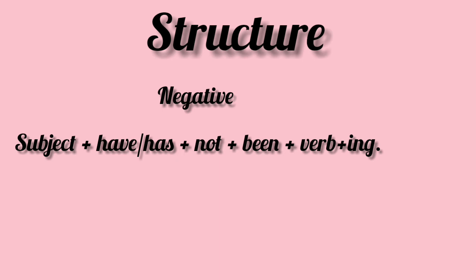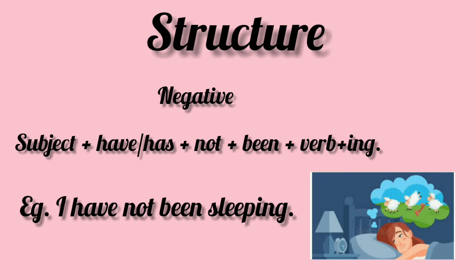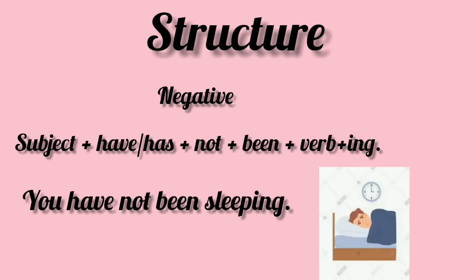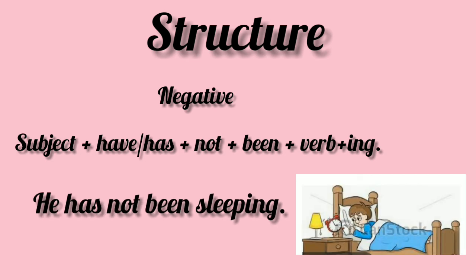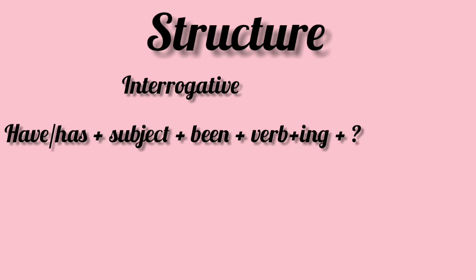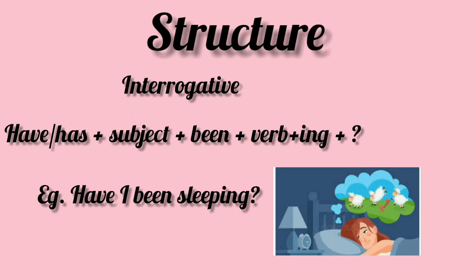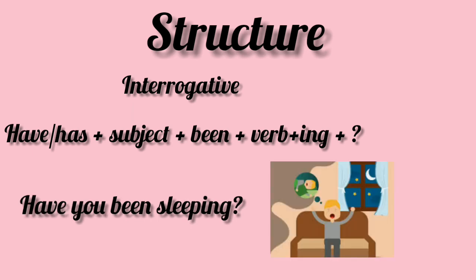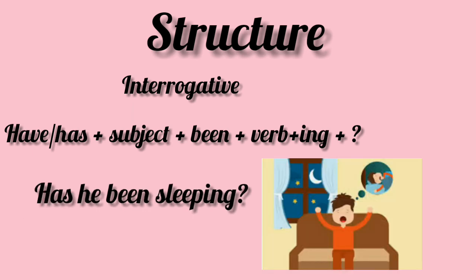For example, I have not been sleeping, you have not been sleeping, and he has not been sleeping. The interrogative sentences begin with has or have plus the subject plus been plus verb in the ing form. For example, have I been sleeping? Have you been sleeping? And has he been sleeping?